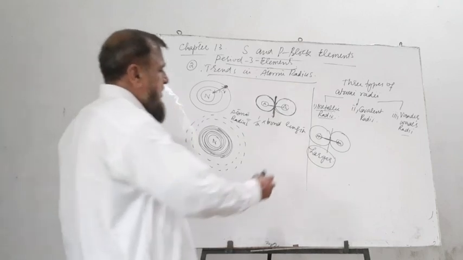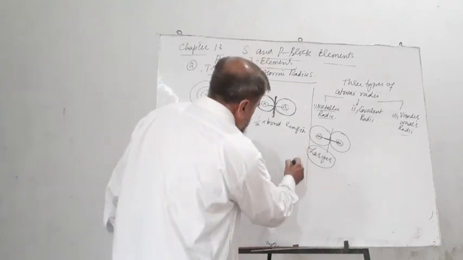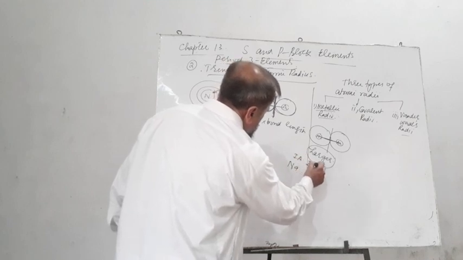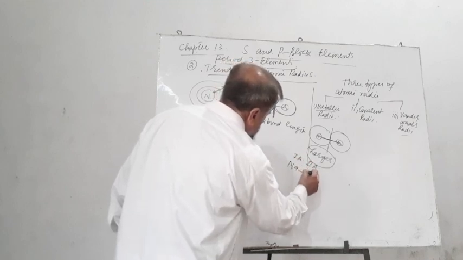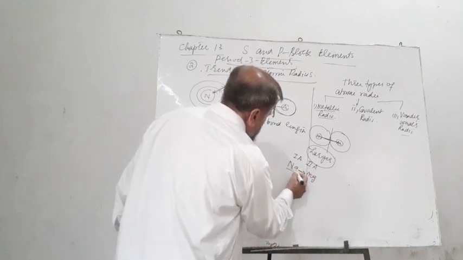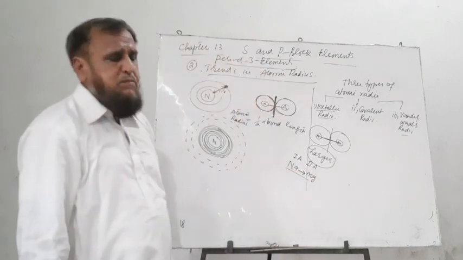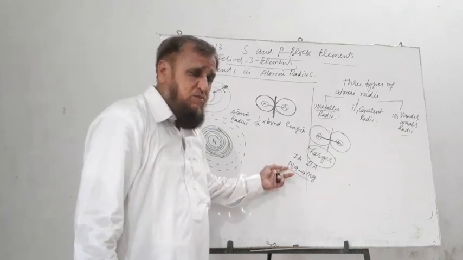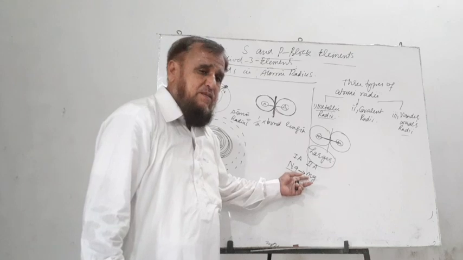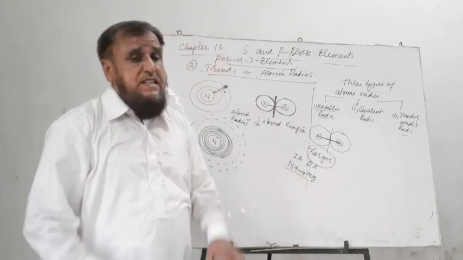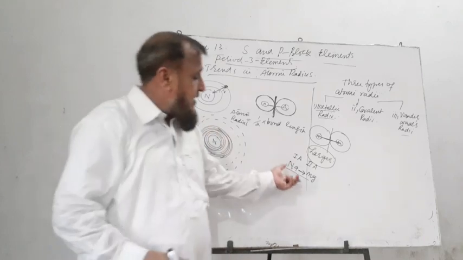But as we move from elements of group 1A to elements of group 2A, from sodium to magnesium, the metallic radius decreases. In sodium there are fewer protons in the nucleus, while in magnesium there are more protons, and the number of electrons in the outer shell also increases.